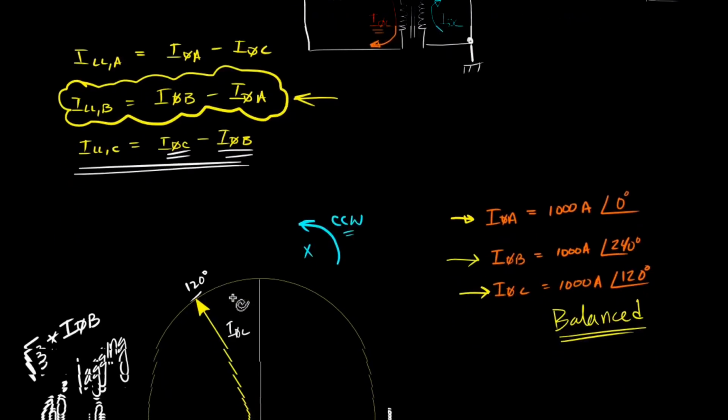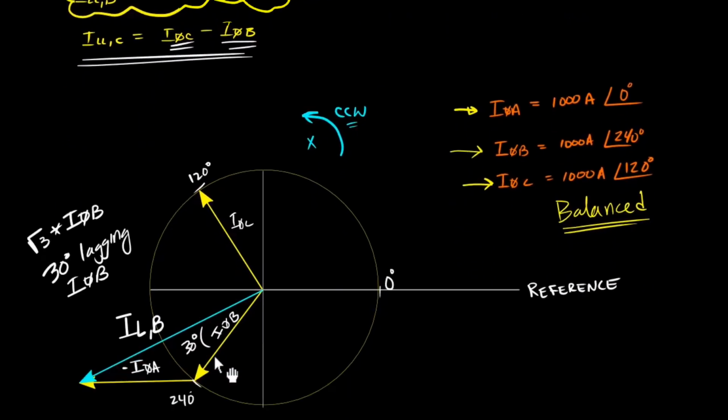So we'll leave this line current B as it is, but we'll make a copy of phase current B and put it at the head of phase current C, but we have to rotate it 180 degrees because it's negative phase current B. So we're going to label this negative phase current B. The resultant vector starts at the origin and ends at this tip here.